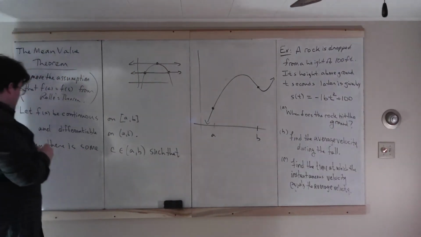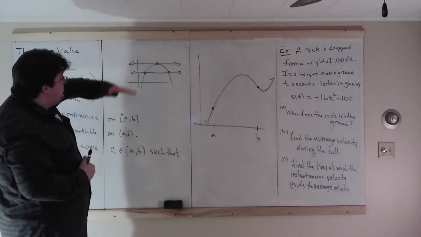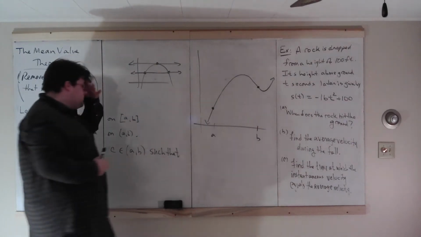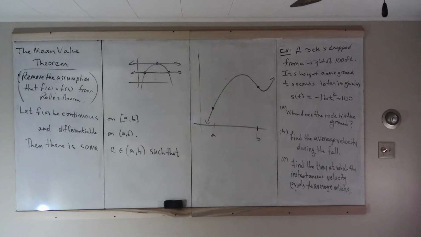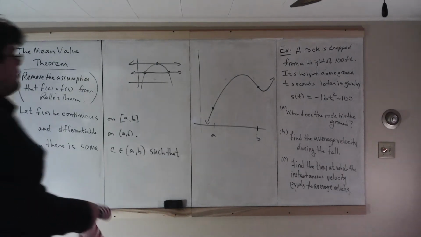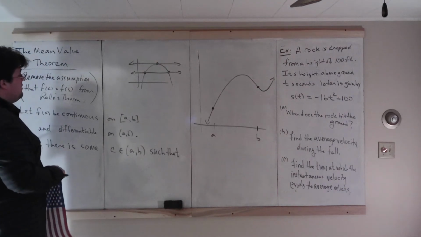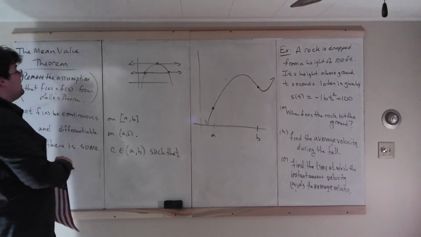Rolle's theorem said if f of a and f of b are on the same horizontal line, then somewhere in the middle you're going to have a point where the tangent line is horizontal. Both are horizontal. Another phrasing of Rolle's theorem could be that somewhere in the middle you'll get this pair of parallel lines.